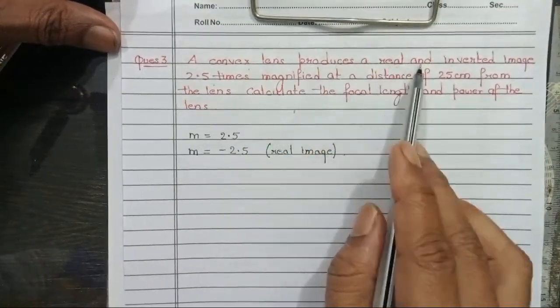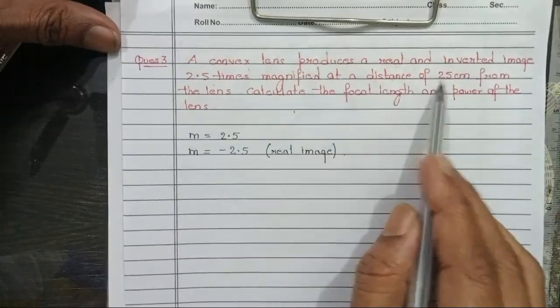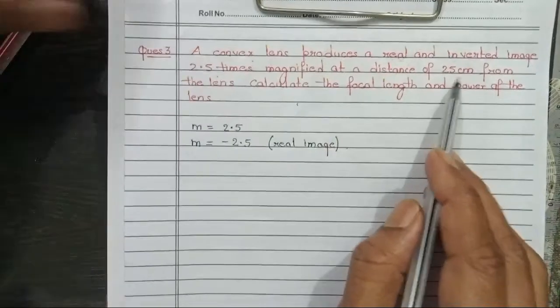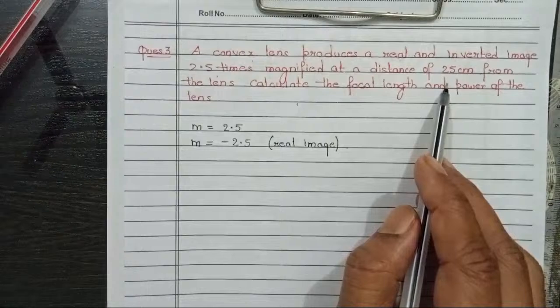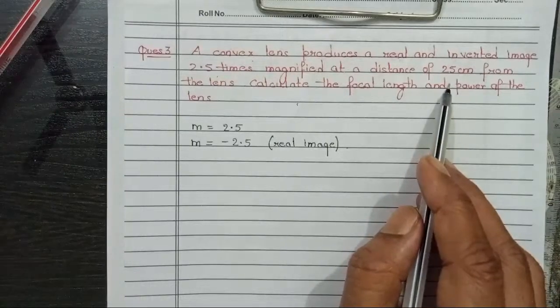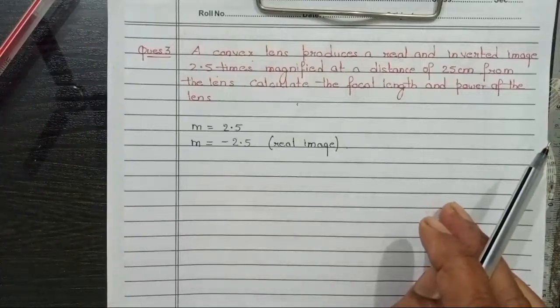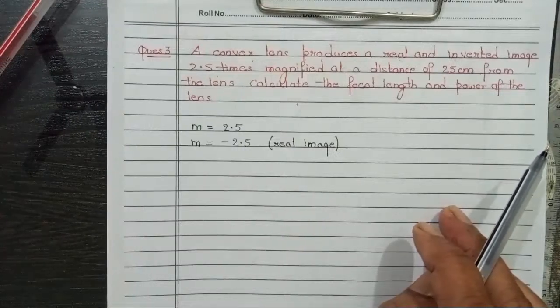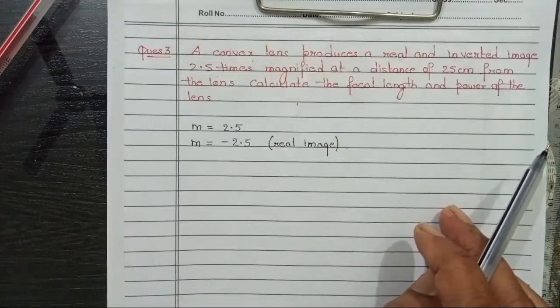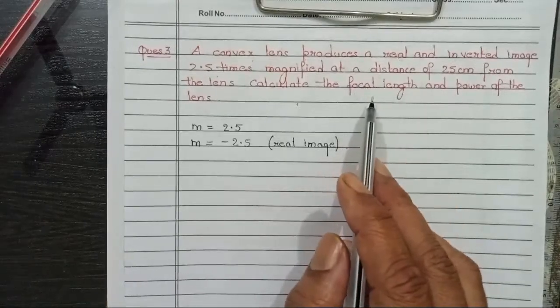Convex lens is producing a real and inverted image at a distance of 25 centimeter from the lens. So this 25 centimeter is representing the distance of the image from the lens.